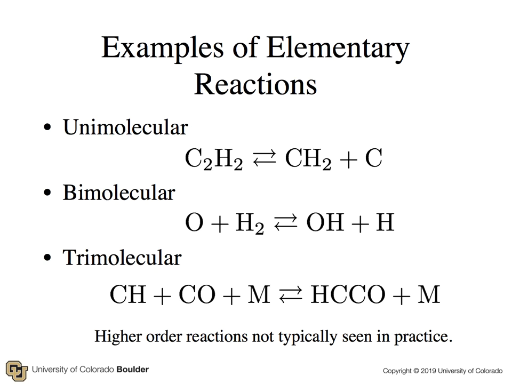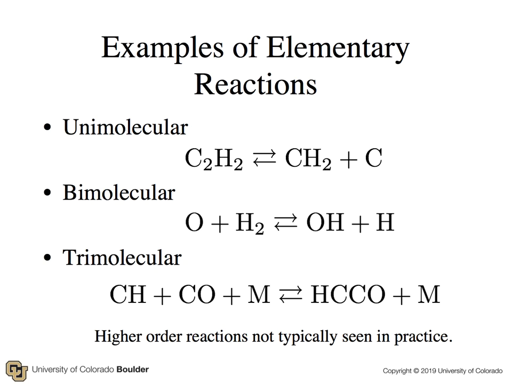It's going to get whacked by some other molecule, and that will cause a carbon to detach. The next reaction is called a bimolecular reaction because there are two reactants involved. In this example, there's an O atom and H2, and this is essentially the same reaction I showed on the previous slide, where O and H2 collide, and one of the H's is traded out for an O.